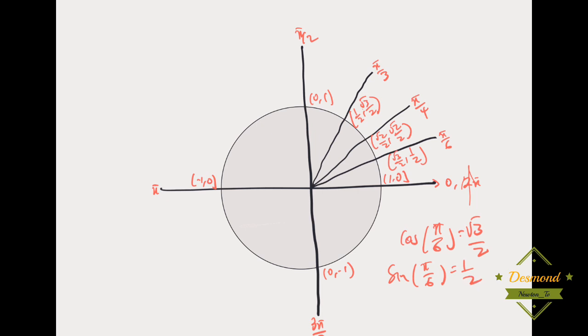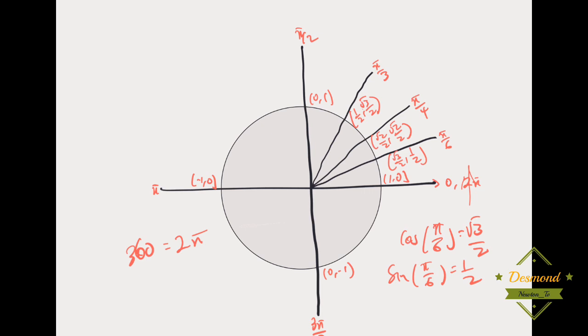Also, remember how the signs of angles work. The positive and the negative work very well in trig functions. If you rotate in a counterclockwise direction, the angle is positive, and if you rotate in a clockwise direction, the angle is negative. Recall as well that one complete revolution, which is 360 degrees, is 2 pi.